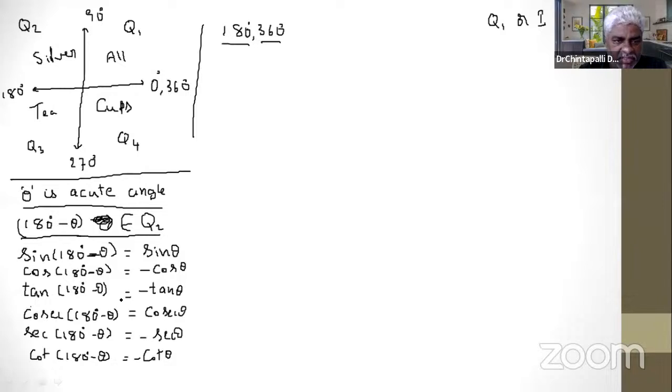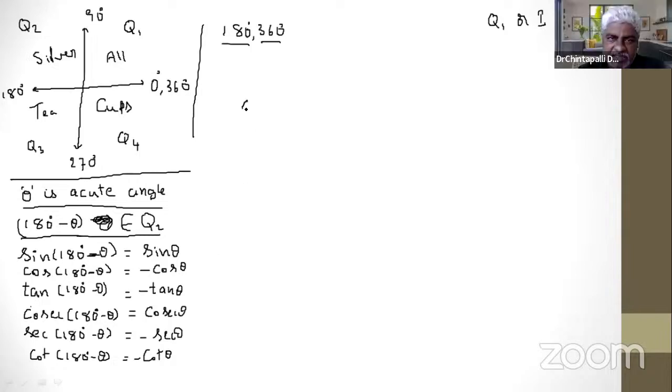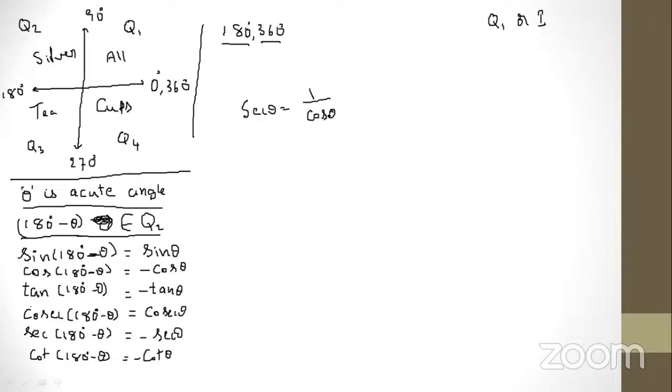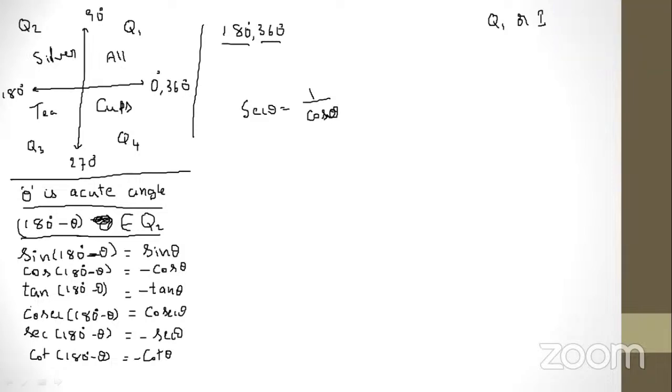Cos theta is negative cos theta, so sec theta should be positive, it won't be negative sec theta, no sir? Sorry, you're right, it's a mistake. Cos theta is negative cos theta, so sec theta is also negative sec theta. But in the formula, sec theta is equal to 1 by cos theta, so if cos theta is negative, it should be positive in sec theta?